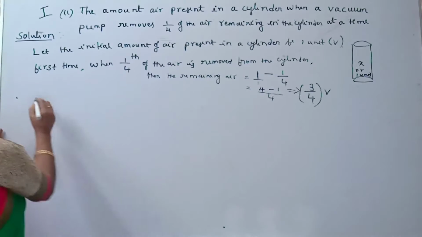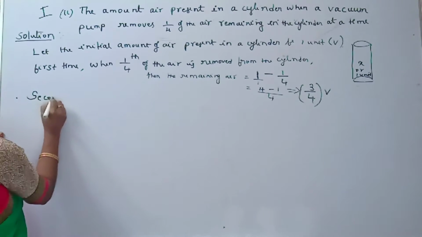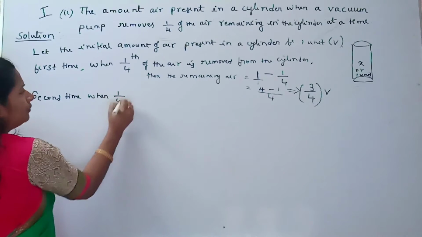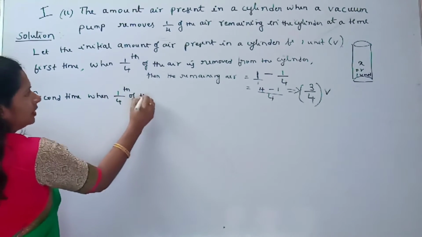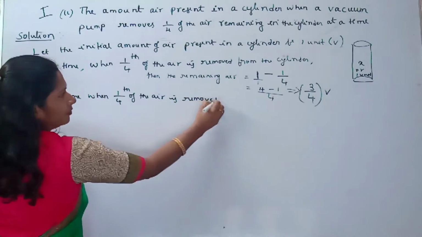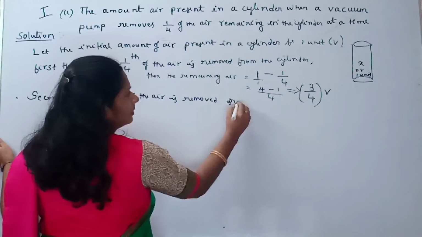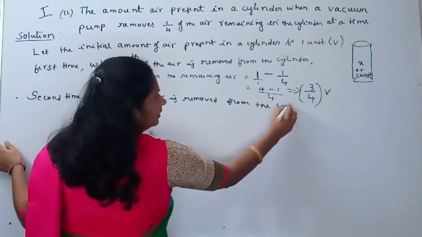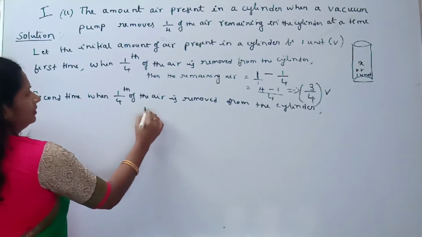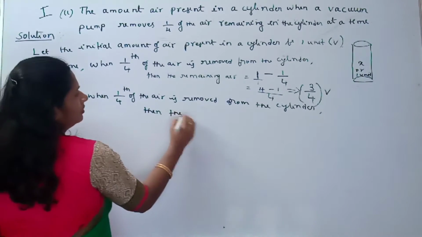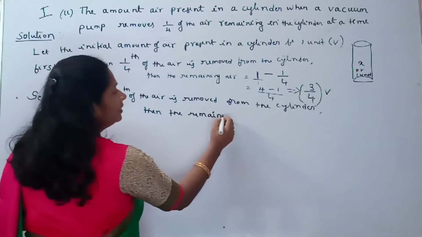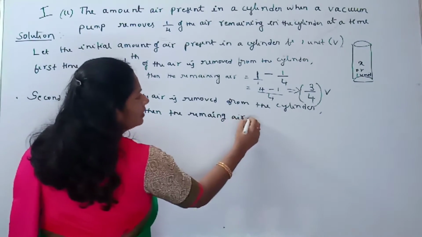Now second time when 1/4 of the air is removed from the cylinder, then the remaining air, please try to understand the question, children. Then the remaining air is how much?